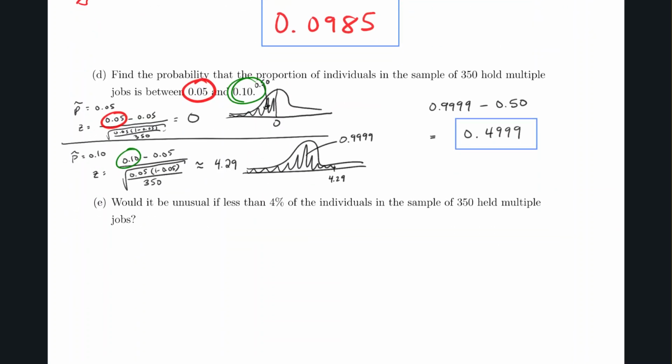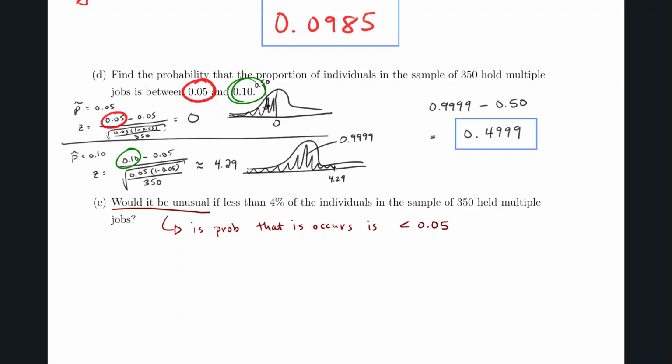Would it be unusual if less than 4% of the individuals in the sample of 350 held multiple jobs? Now, this phrase, would it be unusual, has a particular meaning in our class. That means, is the probability that this occurs, whatever we're interested in, less than 0.05?